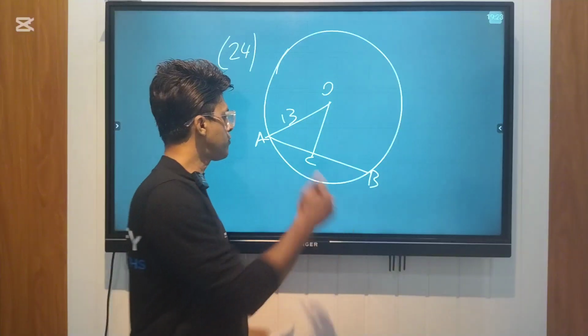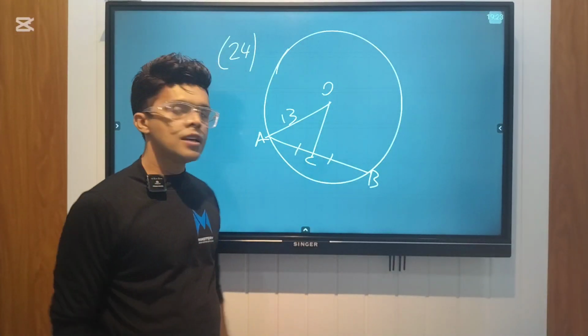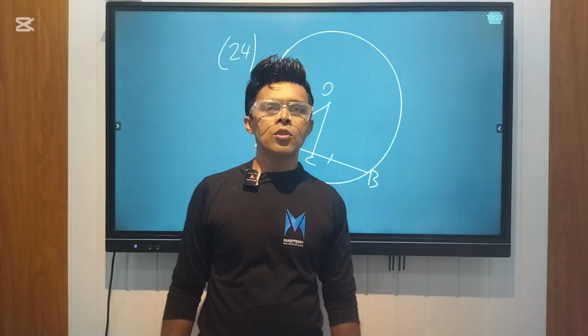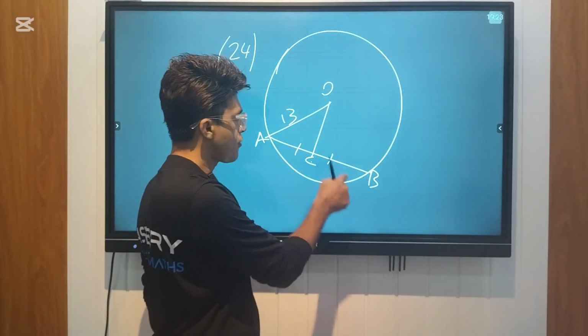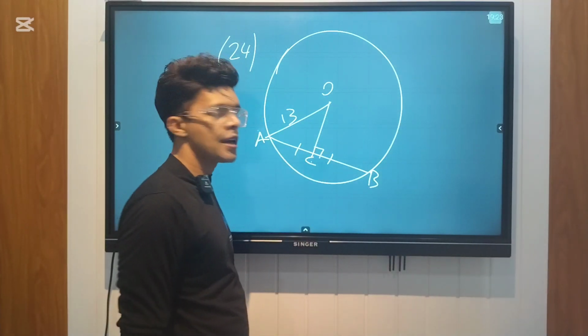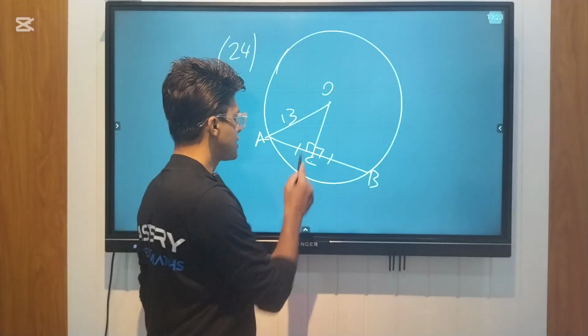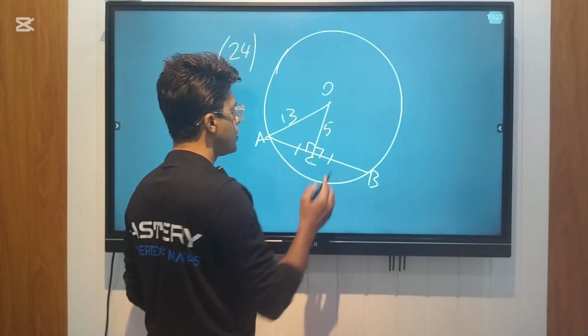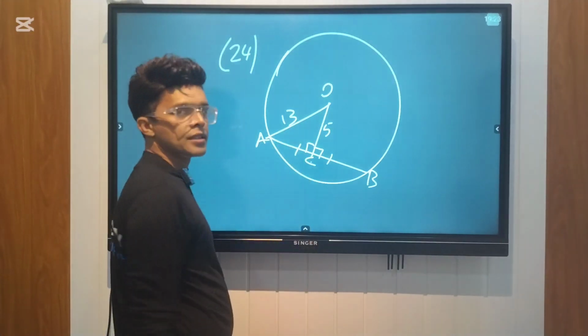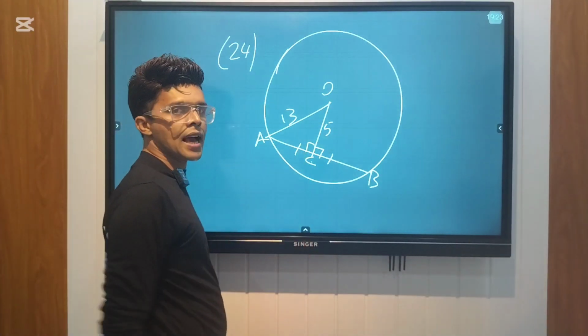So if C is the midpoint of AB, there is another theorem you learned: then this angle must be 90 degrees. Then we are able to get the value of AC using the Pythagoras theorem, as this is a right angle.